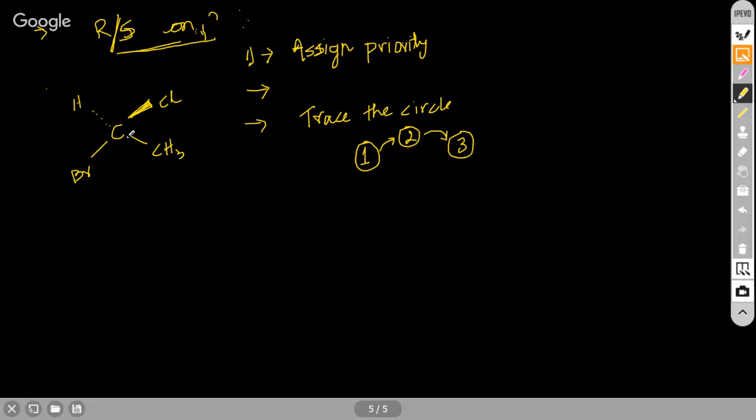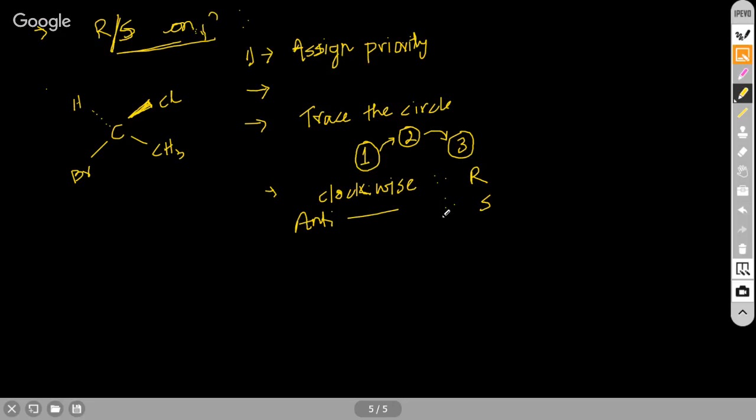Now you see, to assign RS configuration, the fourth thing is what? If this circle is clockwise, then the configuration is R. If it is anti-clockwise, then the configuration is S. Got it?